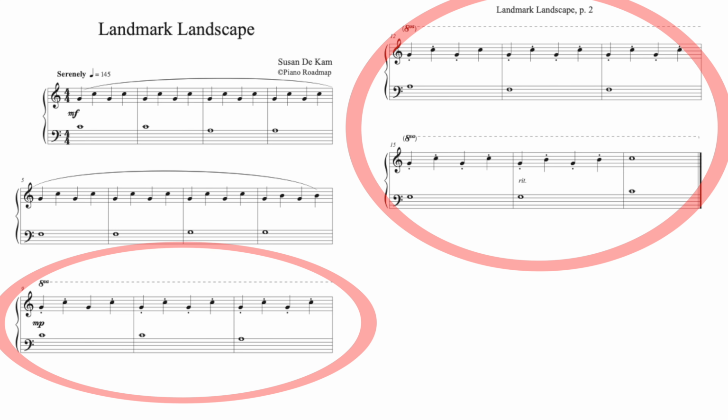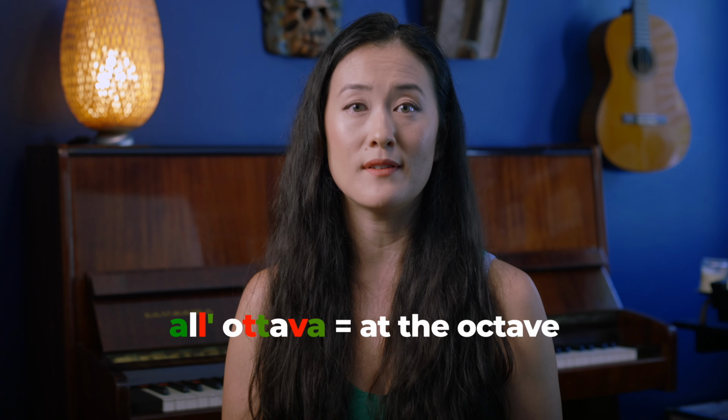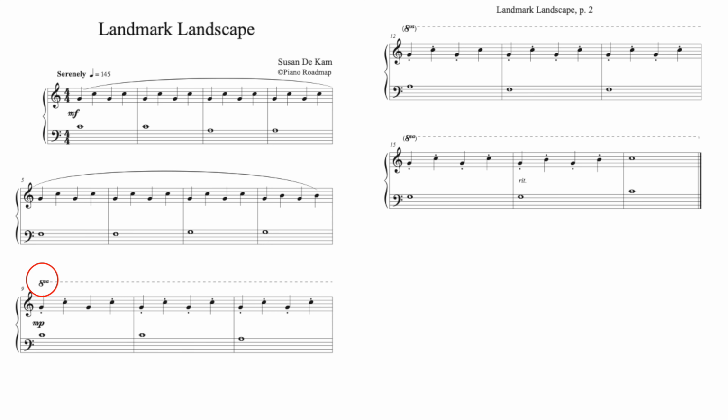You'll often find a rit at the end of pieces or sections because it helps the piece feel like it's coming to an end. And finally, in the last section, I added an 8VA. This is an abbreviation for the Italian phrase all'ottava, which literally means at the octave. And if you remember when we were talking about intervals, we talked about the interval of the eighth, more commonly known as the octave. So when you see this 8VA symbol written above notes, it means to play those notes that are written within the dotted line 1 octave higher.